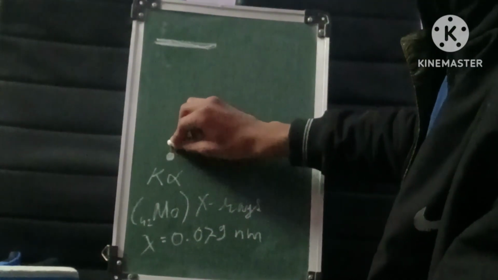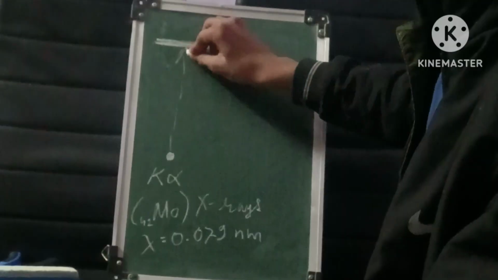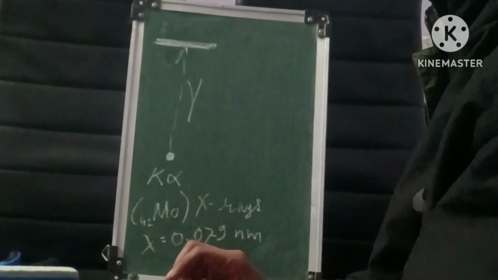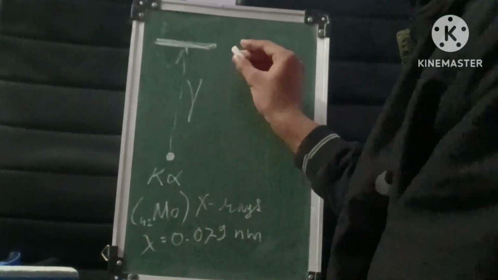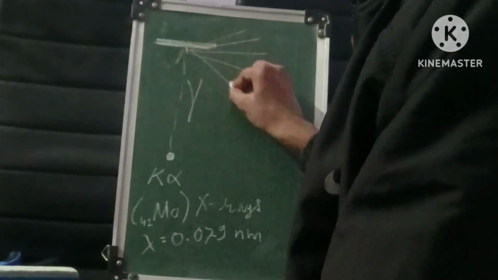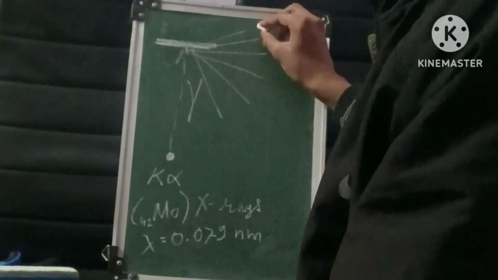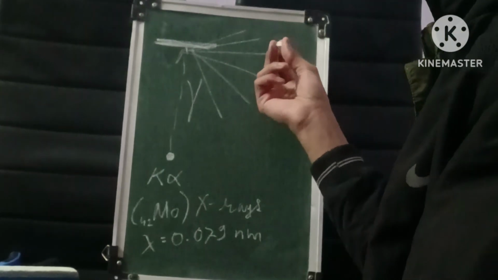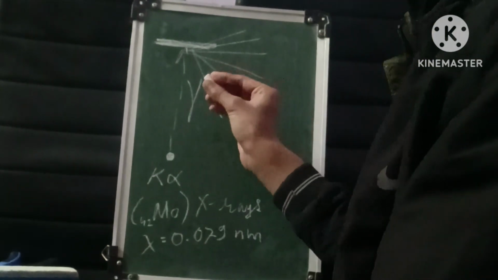Let's say the photons are going like this, and they are observed at different angles. There are detectors at different angles.